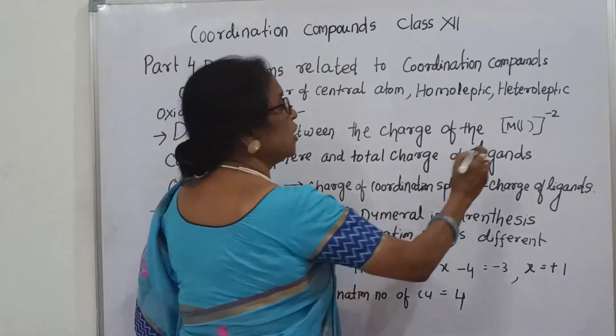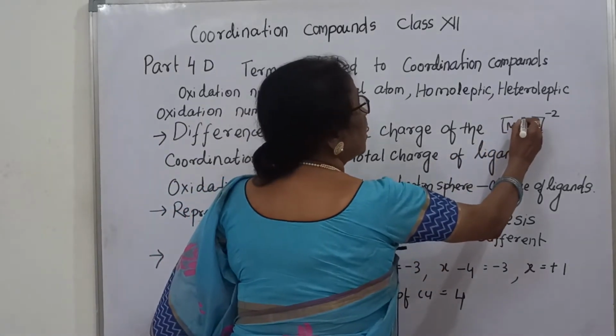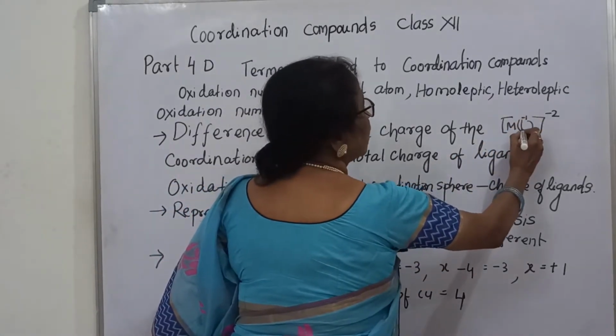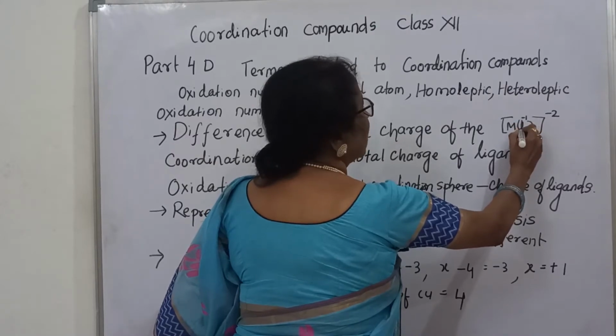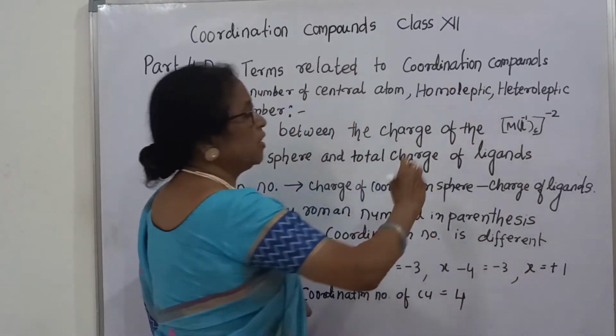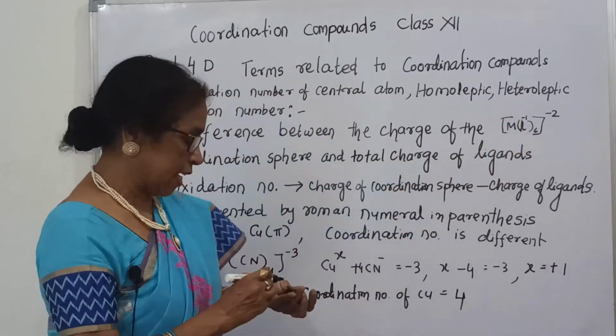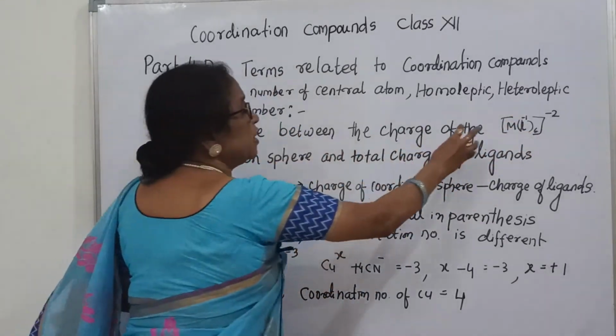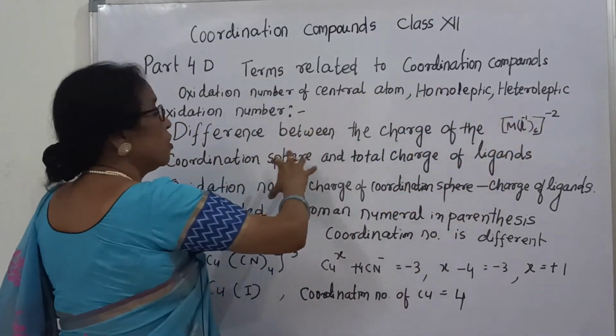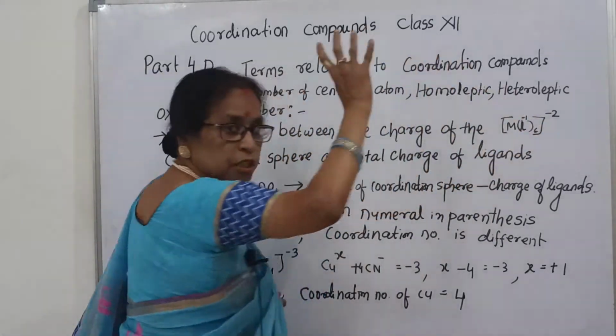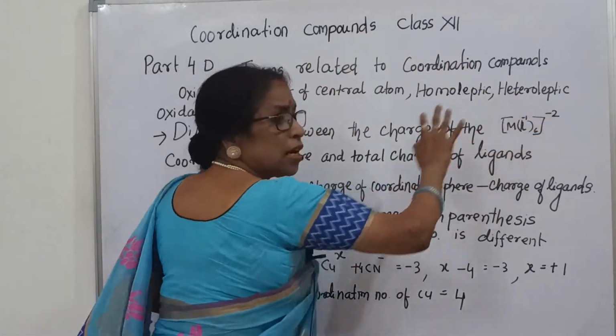-2. Suppose it is a unidentate ligand and the charge is -1. If it occurs 6 times, then what happens? That is -6. Again, this is the coordination sphere and its charge is -2.